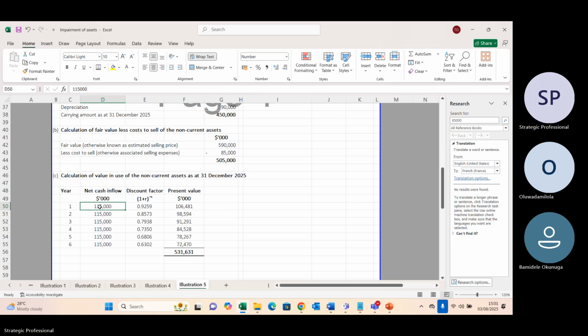However, the current value of that 150 million will be $106 million. The same 150 million that they will make in year 2, the value now is $98 million. If they make $150 million in year 3, the current value is 91 million, and so on and so forth. So the total is what makes up our value in use, which is 531.